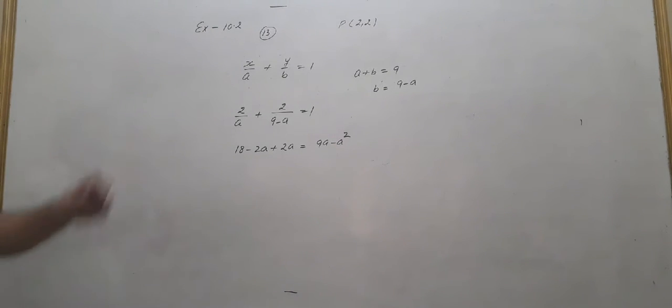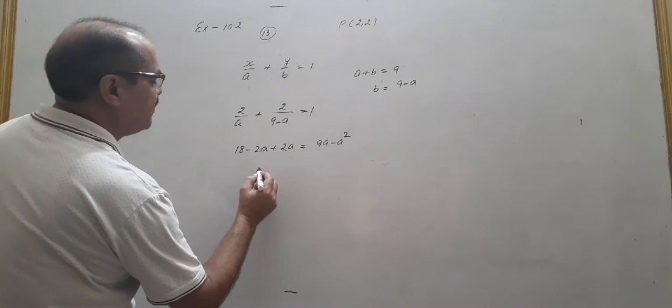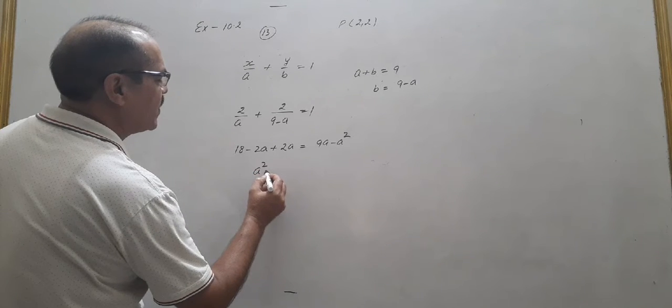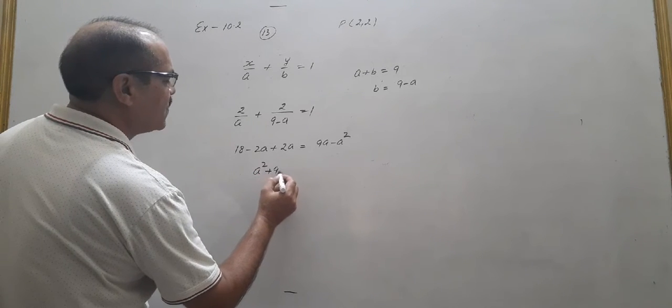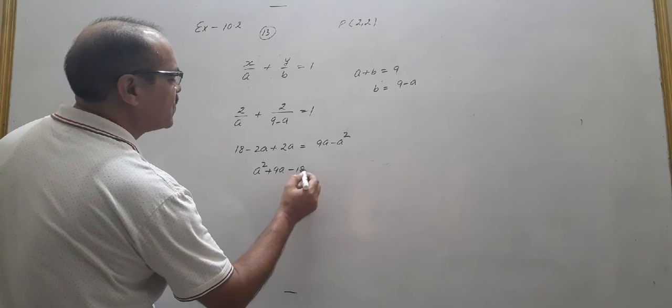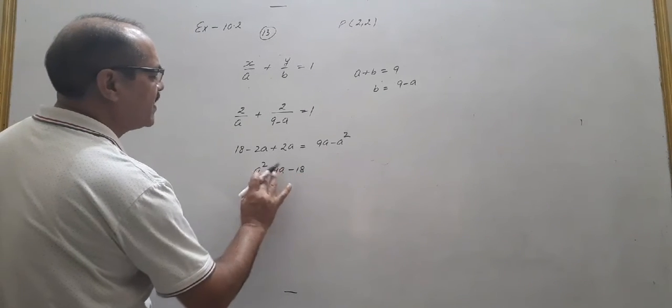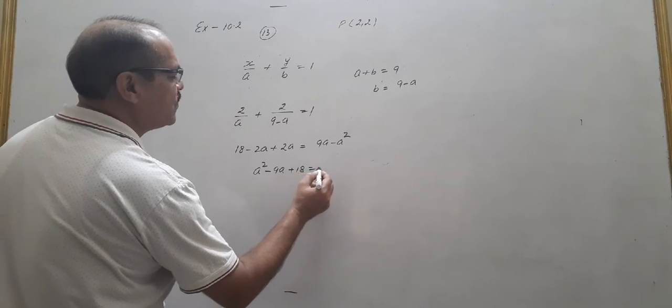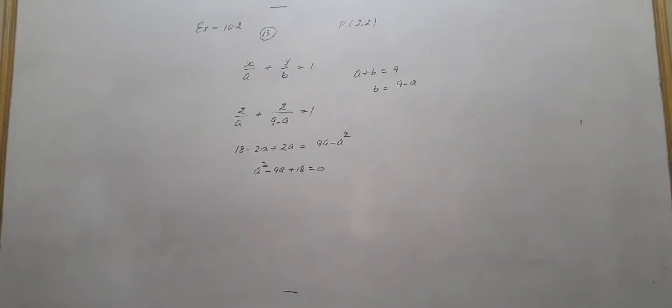By taking LCM and cross multiplying, we get a quadratic equation: a square minus 9a plus 18 is equal to 0. So this is the quadratic equation.